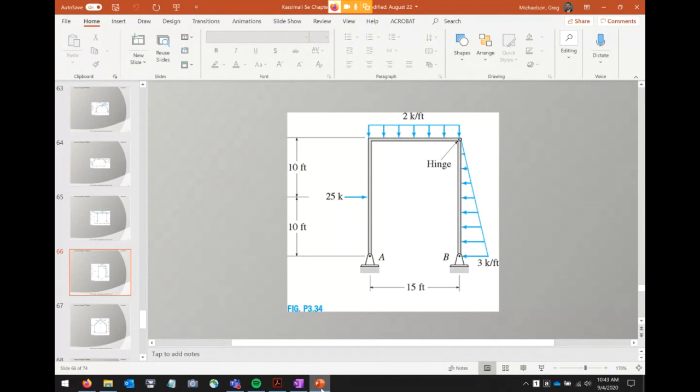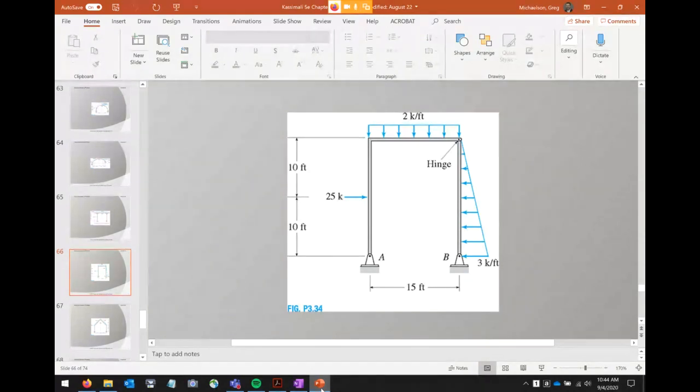Somewhat similar, except it's a frame, so there's a little more two-dimensionality to it. This problem is really not all that different from the problem we just did in class, other than that when you're summing your moments and doing your force analysis, make sure that you're accounting for everything.